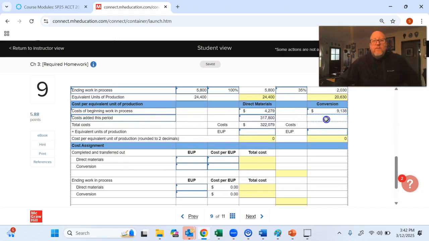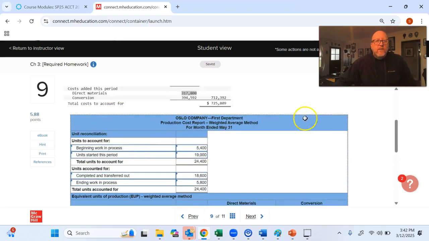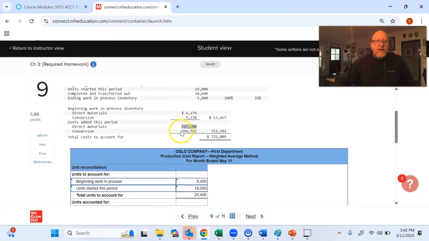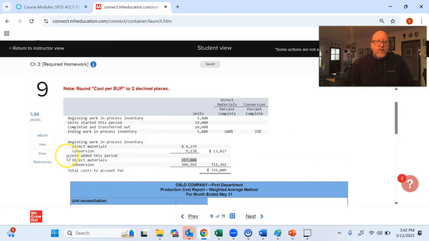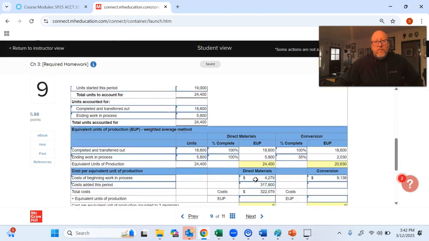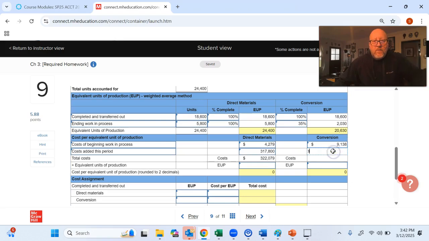And now let's figure out how much conversion costs we have added. Costs added this period for conversion costs, 394,592.